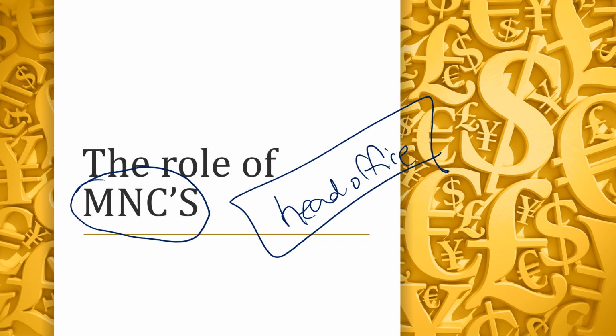And at that point, they will be able to coordinate global management. Okay, so I can say that they own a number of companies, or I can call them subsidiary companies, located in other countries in order to produce their goods and services.